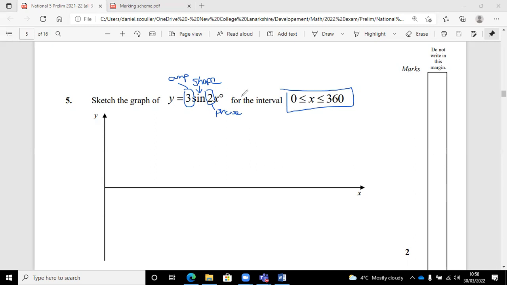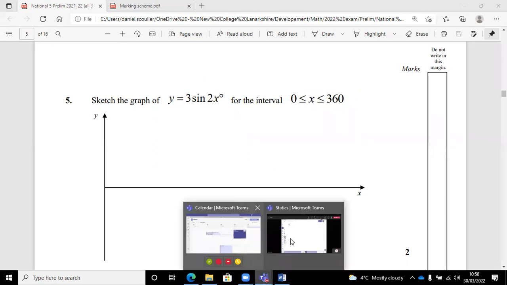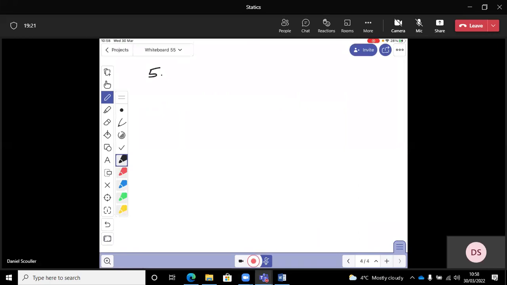Okay, so let's draw this out. You need to be aware of the milestones for this. Sketch the graph of y equals 3 sine 2x between 0 and 360.